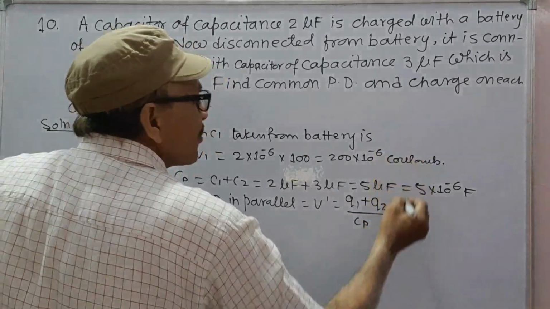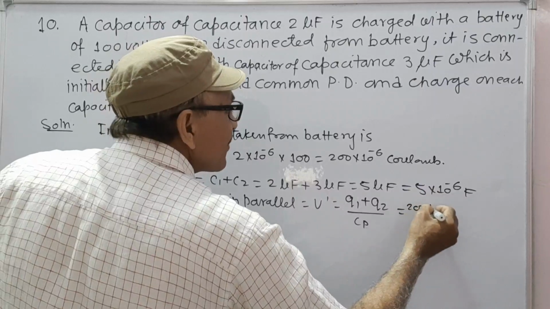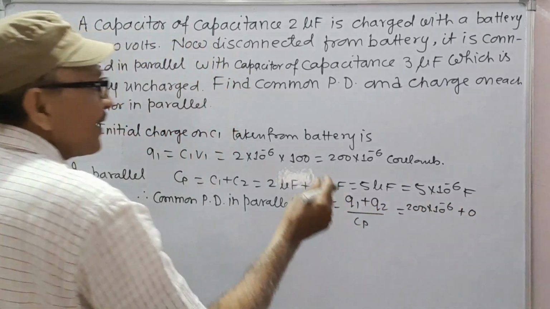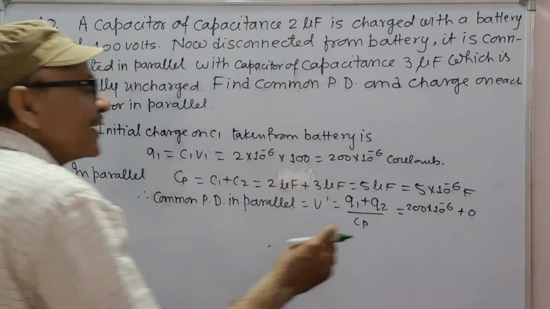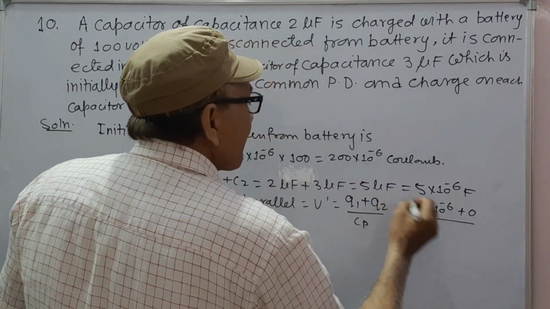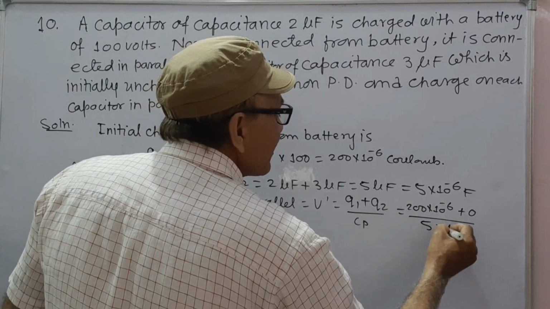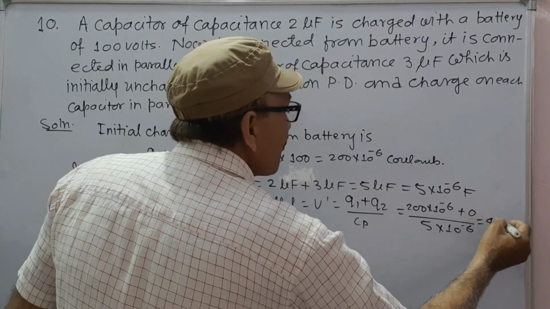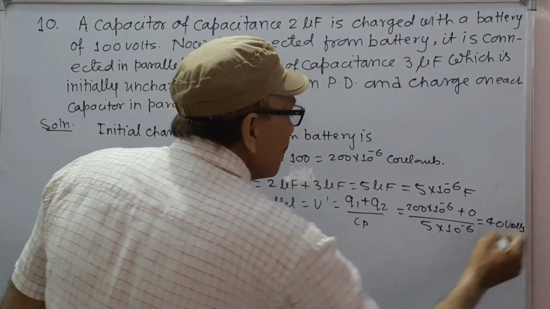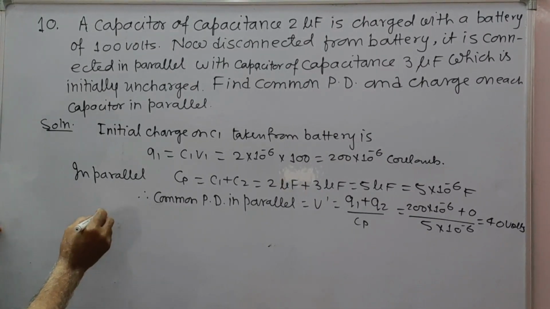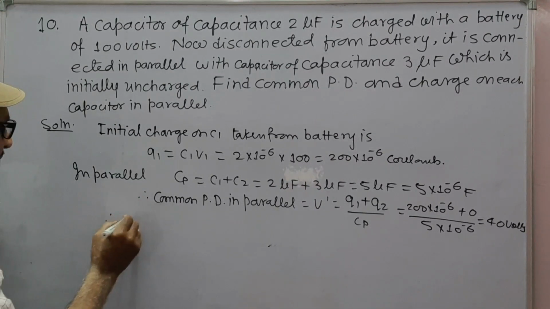Q1 is 200 into 10 to minus 6. Q2 is 0 because the second capacitor was initially uncharged, upon Cp is 5 into 10 to minus 6. It gives 40 volts. This is the common PD.